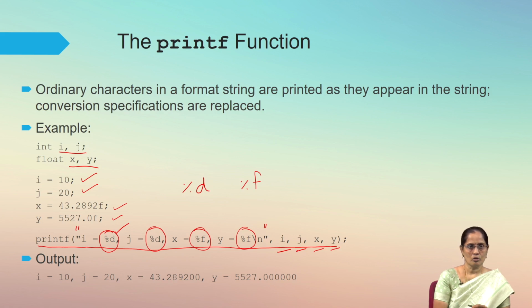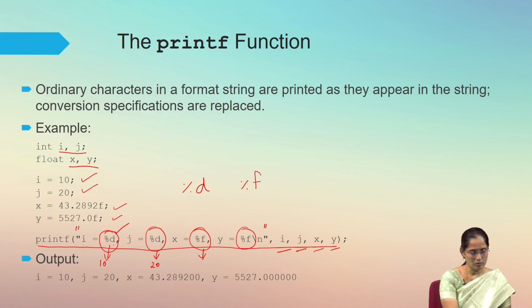Where we are going to substitute the values of i, j, x and y, in those positions we are supposed to use the conversion specification. So I am using i equal to %d. This position will be substituted with the value of i as 10, this position with the value 20, which is the value of j, and this with the value of x, which is in the next position in the variable list.